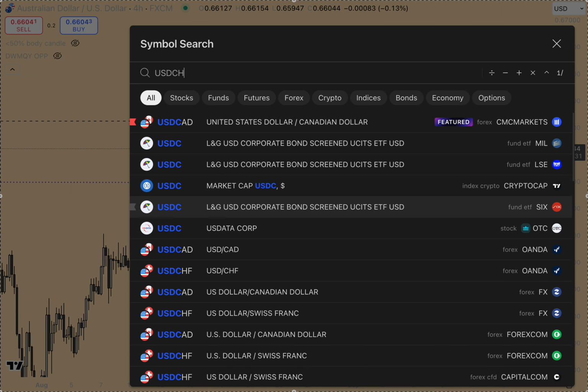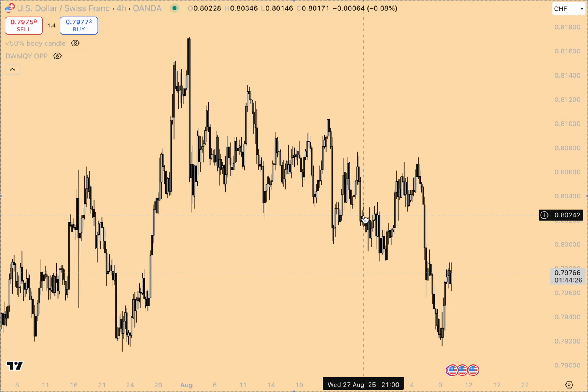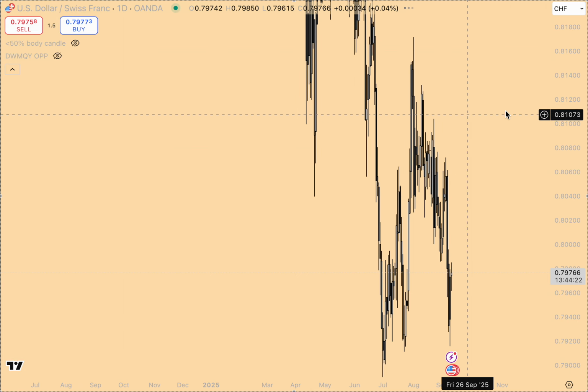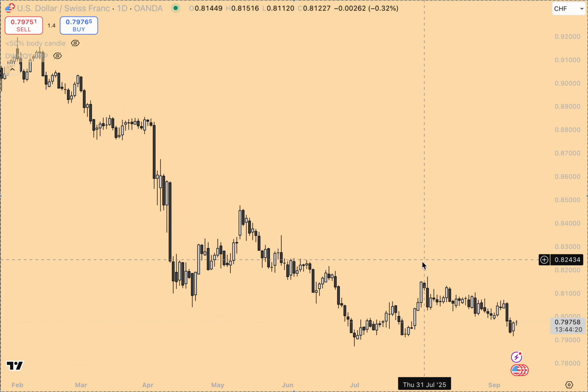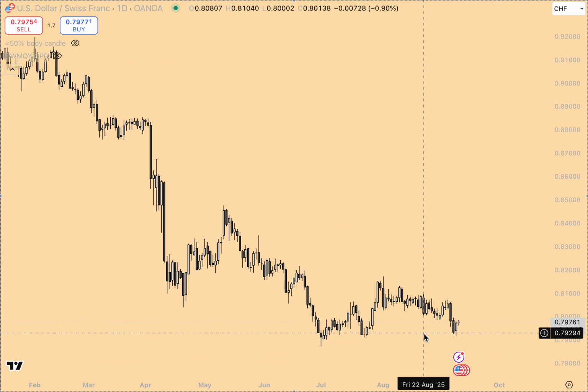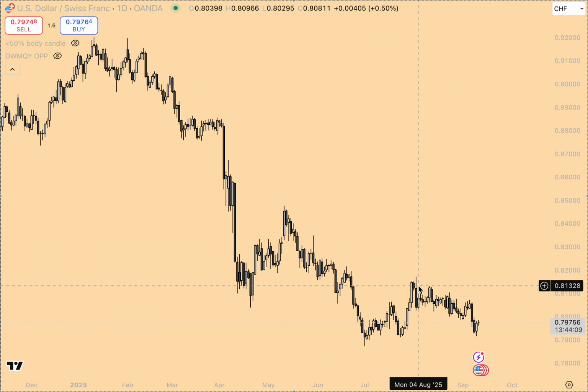If we look at USD CHF this morning, whew, beautiful, right? If we go to the daily time frame, we had that barcode right here, just trickling down lower and lower and lower. For me, I'm just looking for lower prices on this because the trend is clear to see.